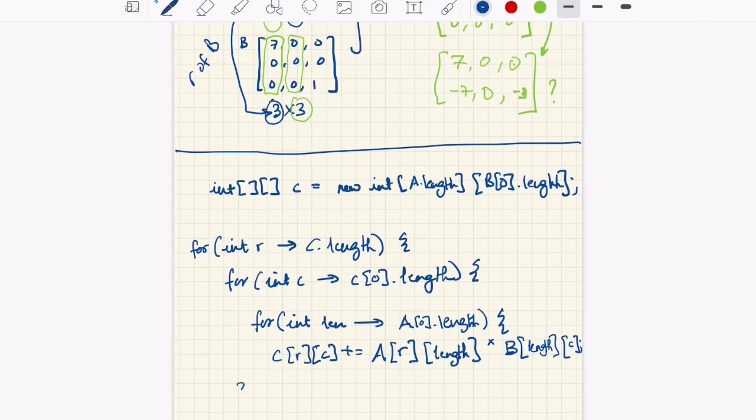That should solve our problem. And then obviously return C, right? So why don't we go ahead and code this and see if this actually works, and we can go from there. All right, see you guys in LeetCode.